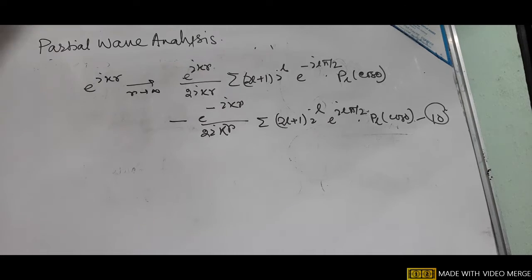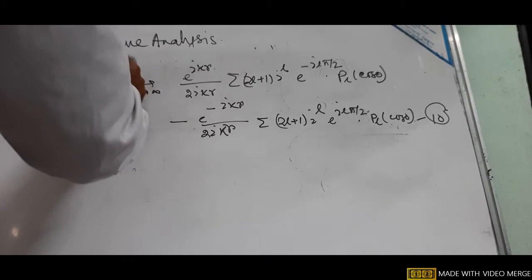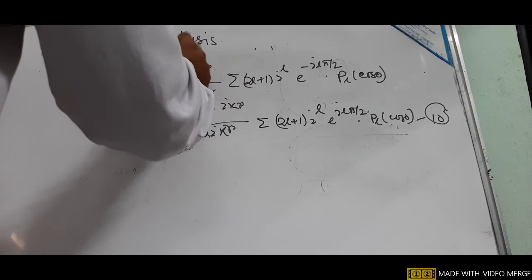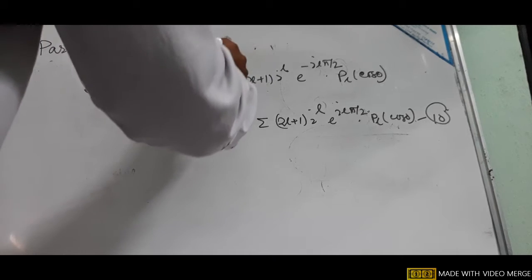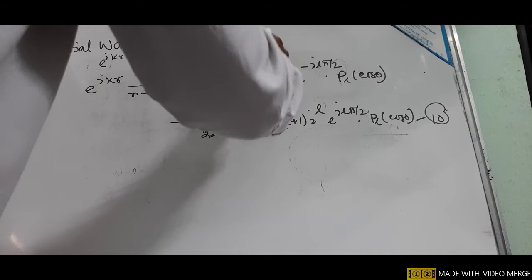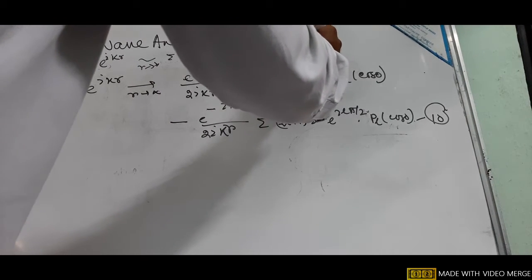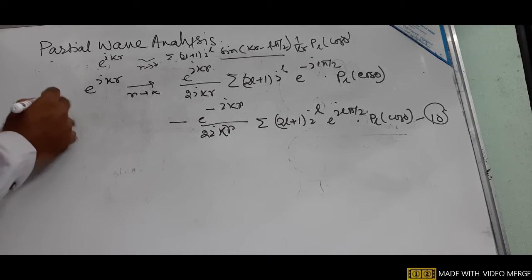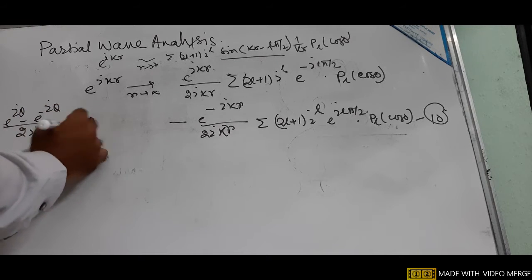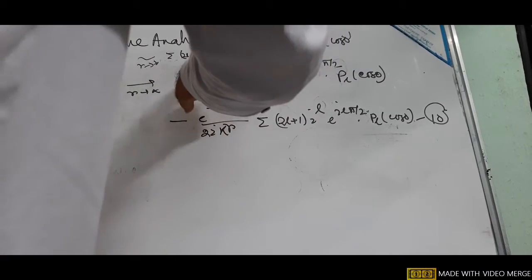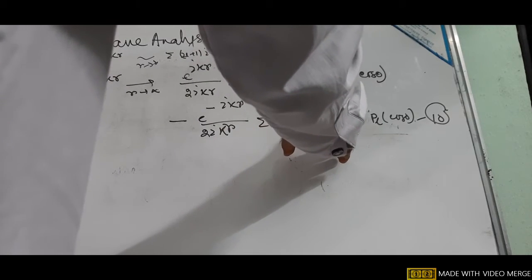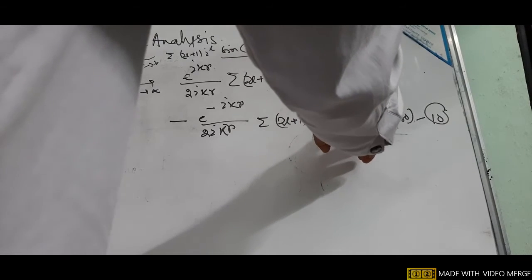Because we are getting this by putting e^(ik·r), for r tends to infinity, equal to the summation of (2L+1) i^L sin(kr − Lπ/2)(1/kr) P_L(cos θ). Here, (e^(iθ) − e^(−iθ))/2i equals sin θ. So sin(kr − Lπ/2) is written as e^(i(kr − Lπ/2)) minus e^(−i(kr − Lπ/2)), divided by 2i.